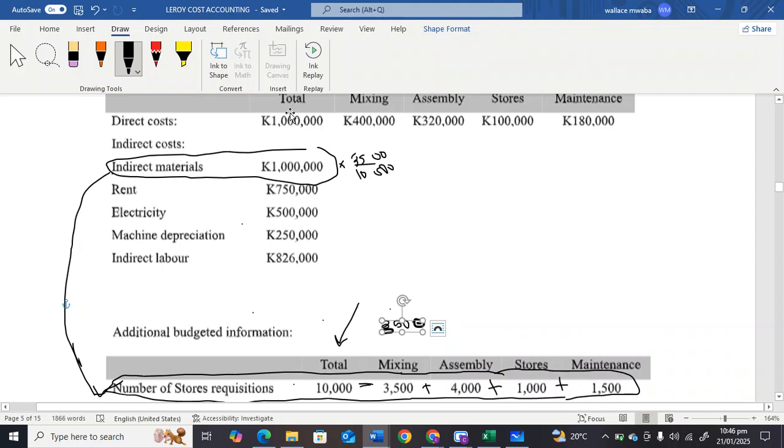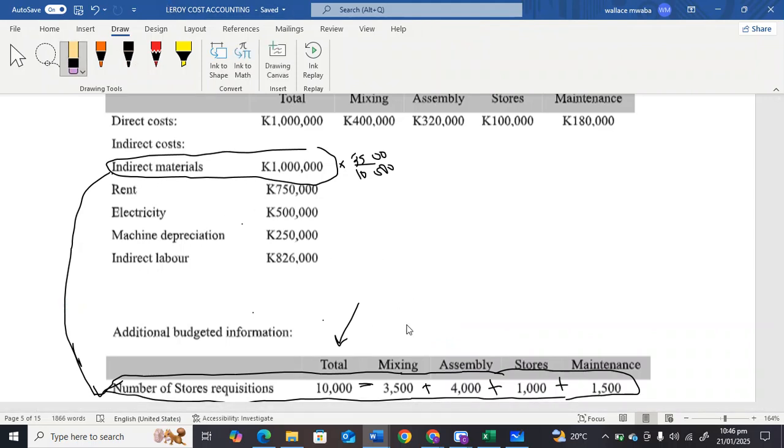So as I was saying, we are starting with the mixing department. Remember, we're sharing this 1 million amongst these four departments. Out of this 1 million, how much does mixing get? How much does assembly get? How much does stores get?